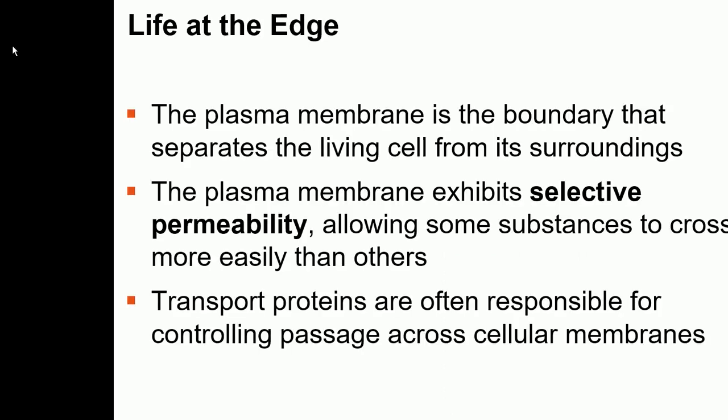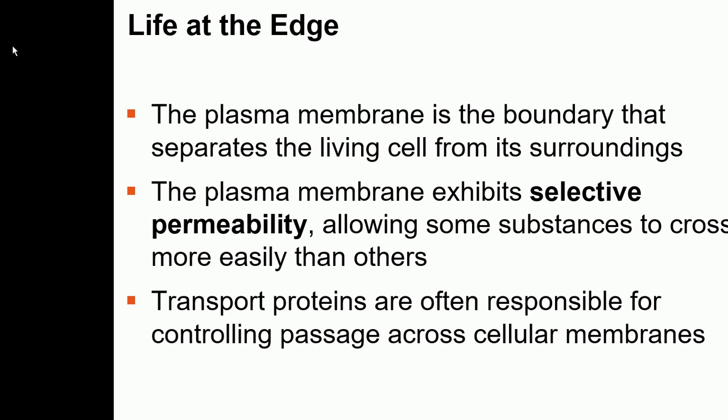Plasma membrane separates a cell from its surroundings, and it is selectively permeable in nature, which means that it allows few things to cross through the membrane, and it does not allow few things to cross through its membrane.